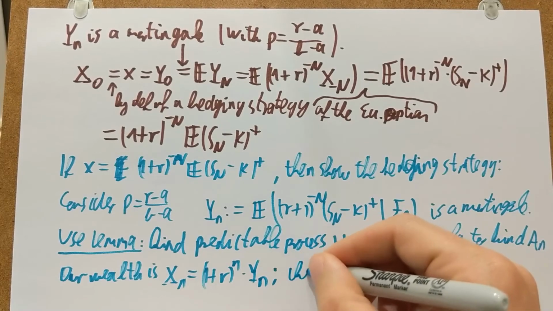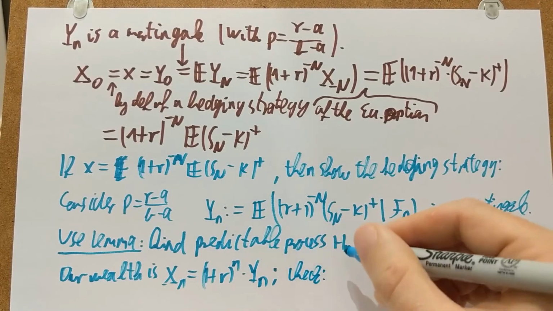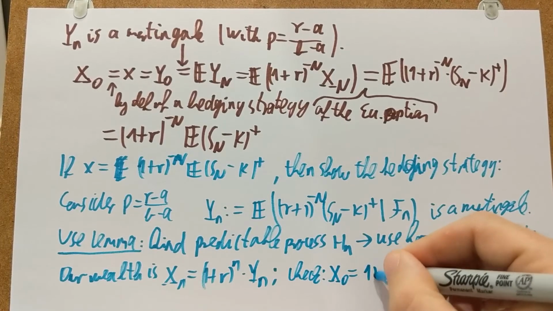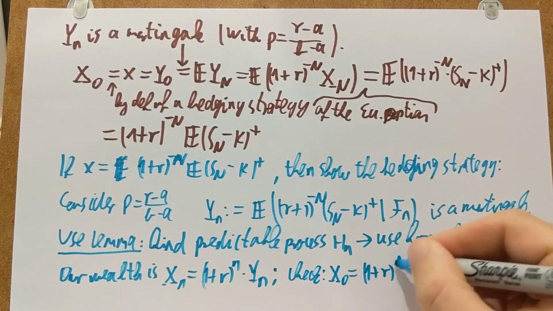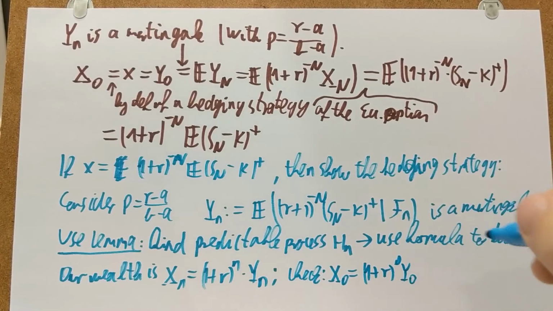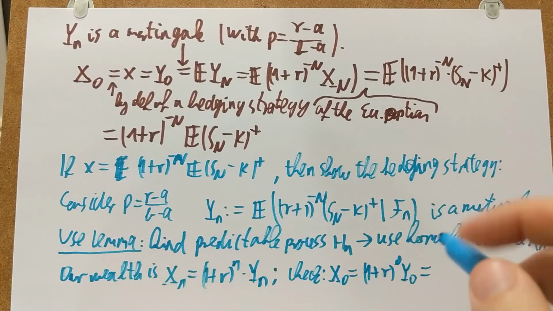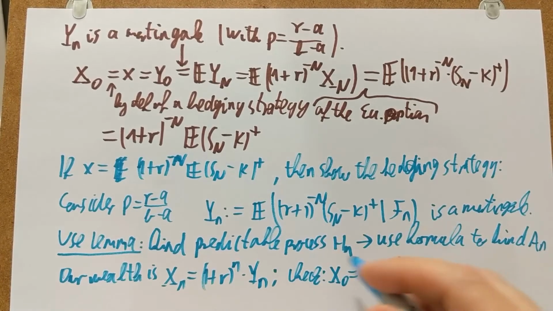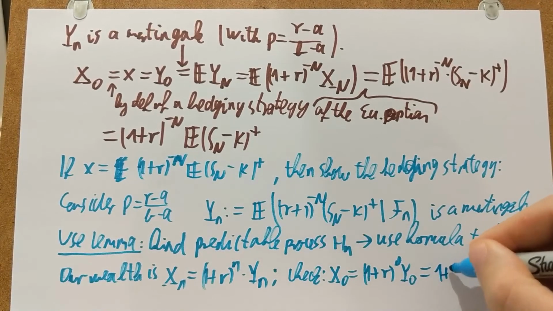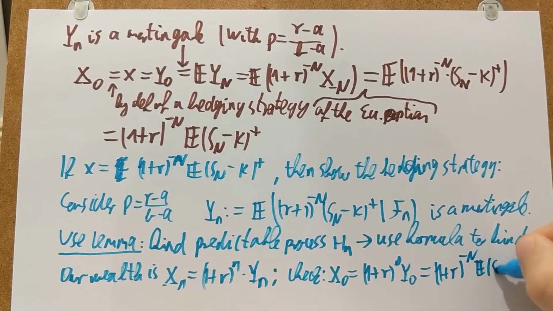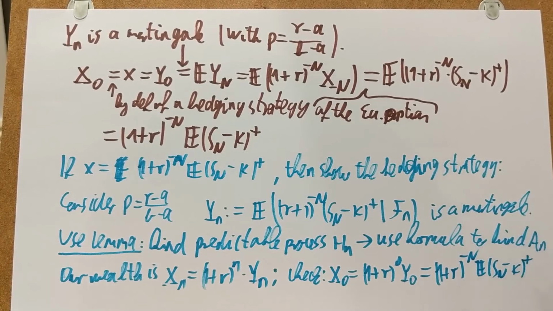So check that X naught equals (1 plus r) to the 0 times Y naught is what we need. Well, what is (1 plus r) to the 0 times Y naught? It's (1 plus r) to the minus n, expectation of (Sn minus K) positive part given F naught.